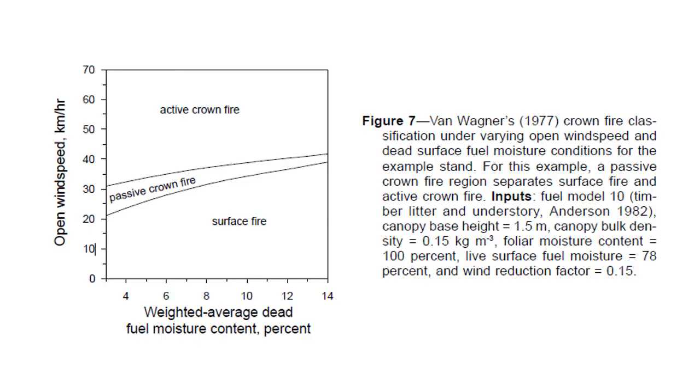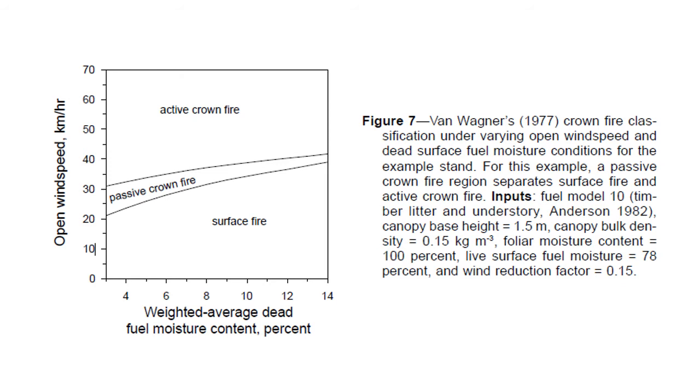So this figure here is showing us the different combinations of dead fuel moisture content, as a percentage of the dry mass, and the open wind speeds, right? So the combination of those two environmental parameters results in different fire types in this given stand.